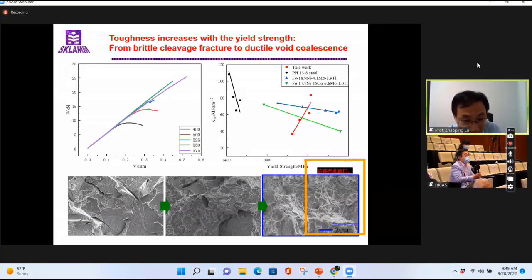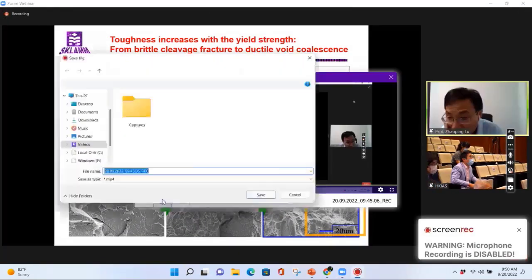Okay. Thanks, Srini, for the nice question. Actually, as I show here on the right figure, PH 13-8 is also hardened by nickel aluminum, but it has very low fracture toughness.